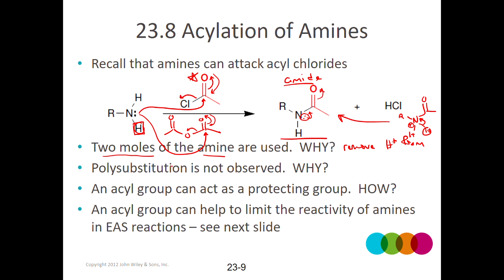Polysubstitution we don't have to worry about. So what does that mean? Well, when we were talking about amines, we said, if you have a primary amine and you add some kind of primary alkyl halide, the amine can pick that up and go from a primary amine to an ammonium ion, and then another unit of the nitrogen can pick off one of those protons, and you can get from a primary to secondary amine.